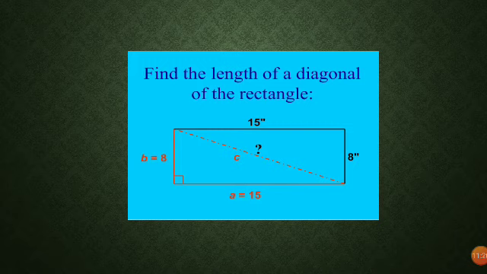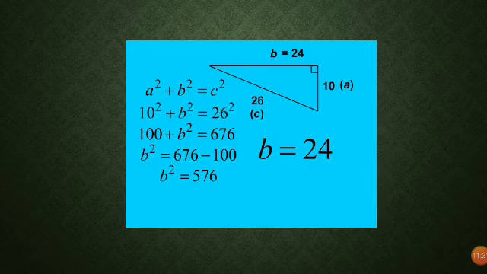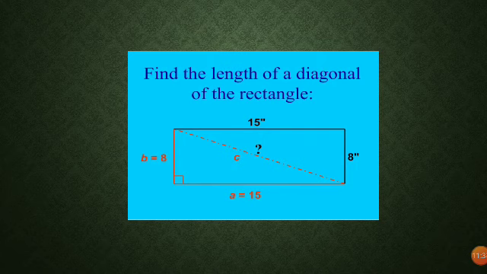A square, 15 into 15, is 225, plus 8 into 8, 64, equal to C square. Then add: 225 plus 64, 279. So C value is 17. The diagonal value is 17.